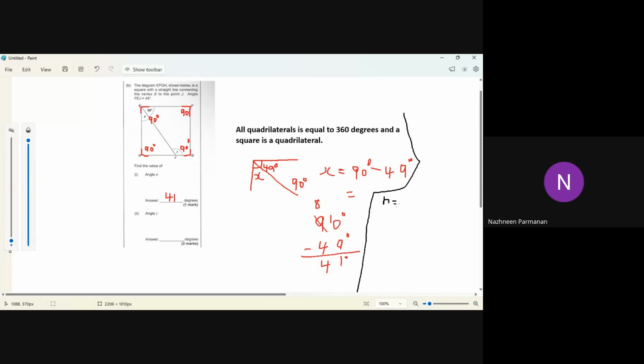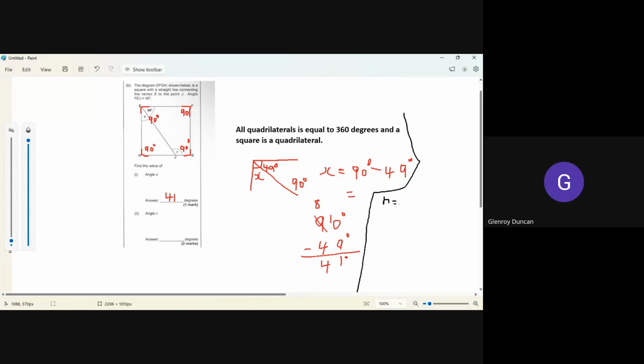Yes, sir. So we know that x is 41 degrees and h is another 90 degrees. Excellent. So the 41 plus the 90 will give us the part. Yes, continue. Sir, 41 plus the 90 will give us 131.